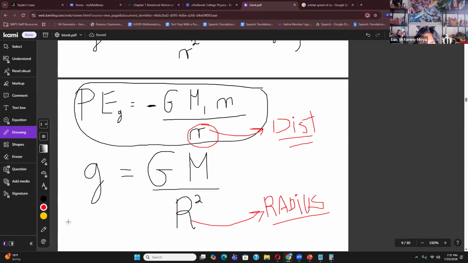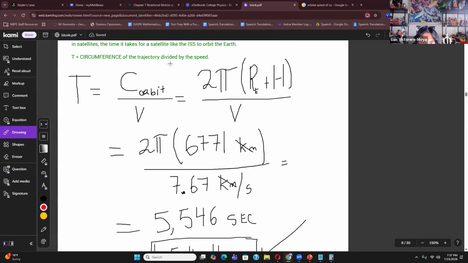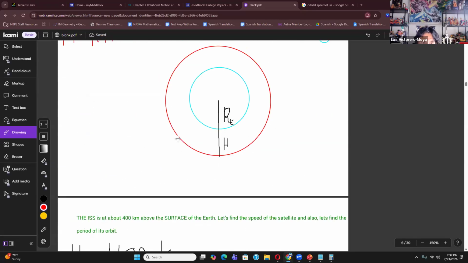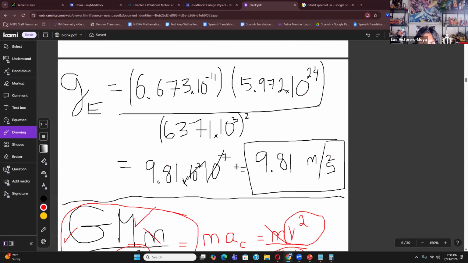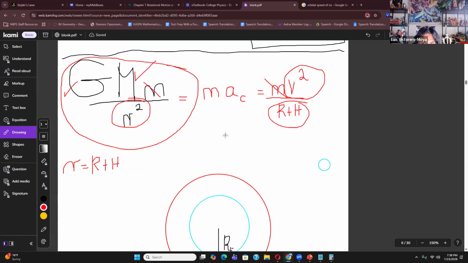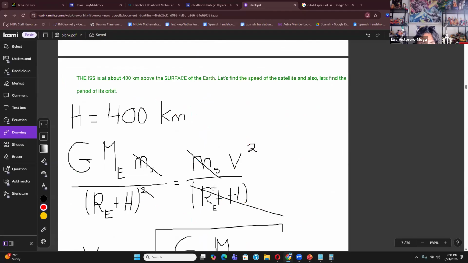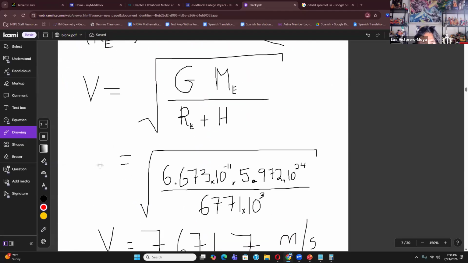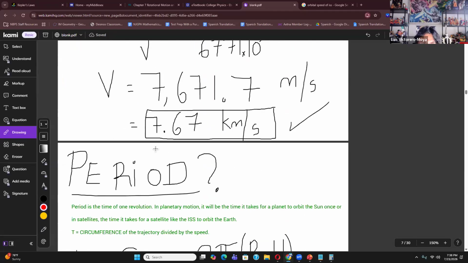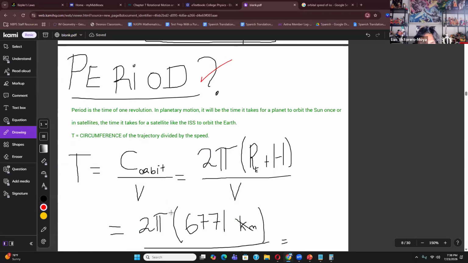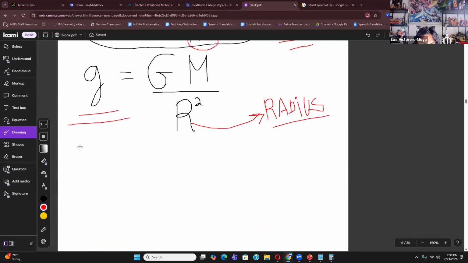So gravity, we already use it to find the value of gravity, right? Here we have used gravitational forces. We found the speed of a satellite, the orbital velocity of a satellite. We found the period. What about the energy?